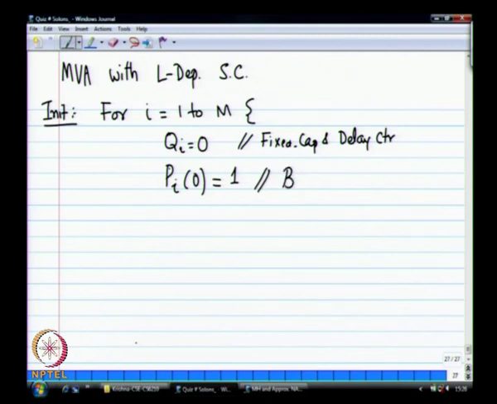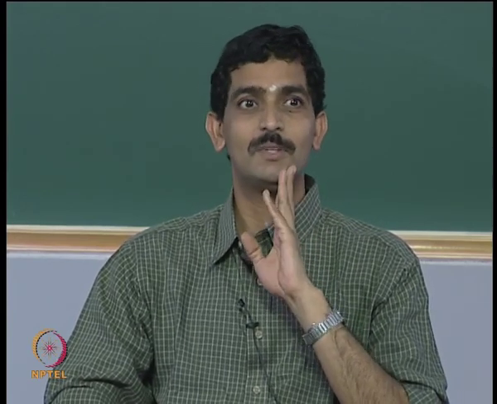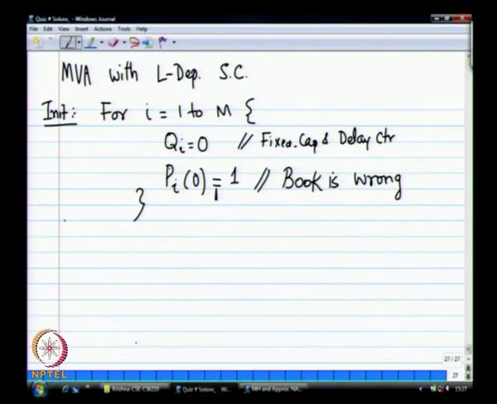By the way, the book gives this as 0 and that is incorrect. If you start with 0, everything will be 0 if you look at the rest of the computations. That is an error, it is there in the errata but not in the chapter itself. So make sure that you note this down, do not make this mistake when you come to the exam. If you start with 0, you will get 0 for everything else. So this is your initialization, then your iteration.